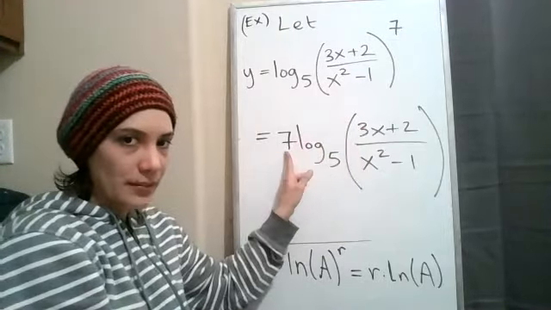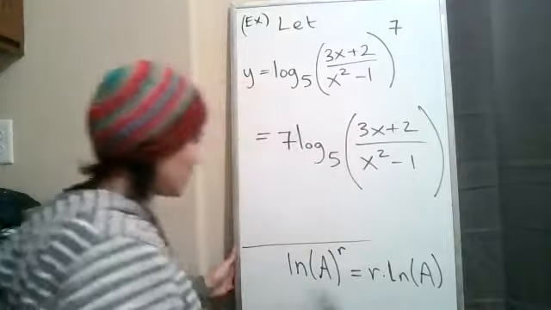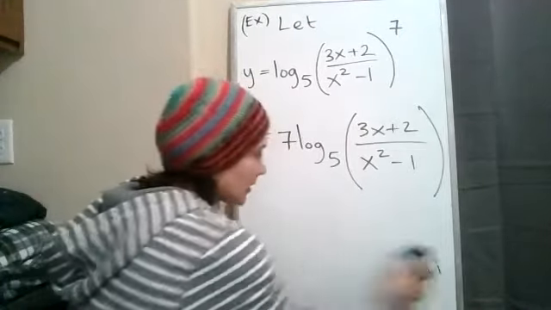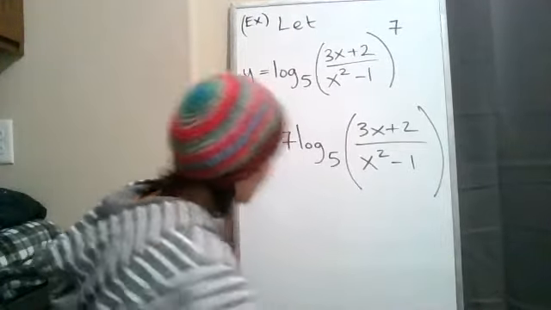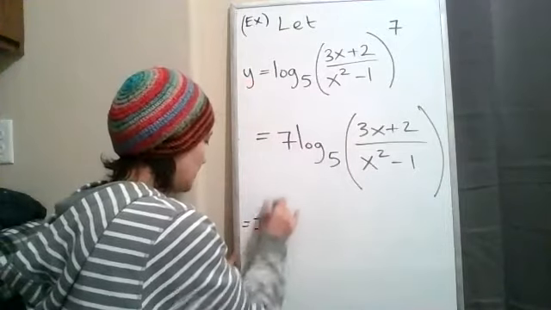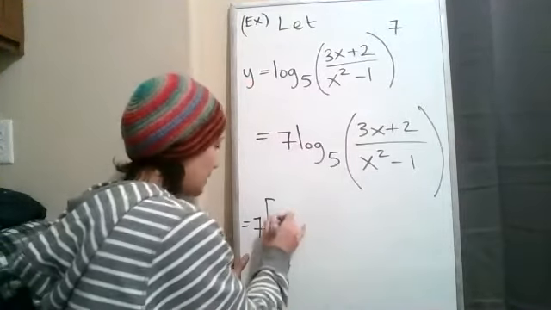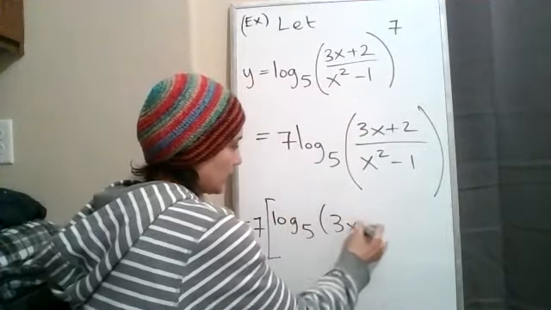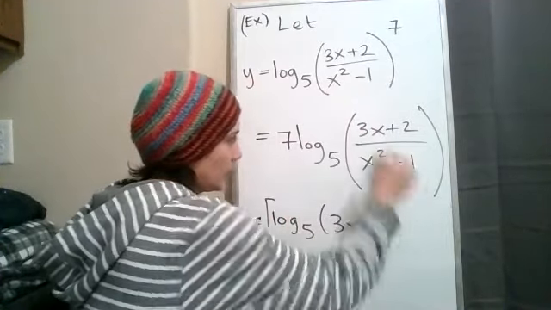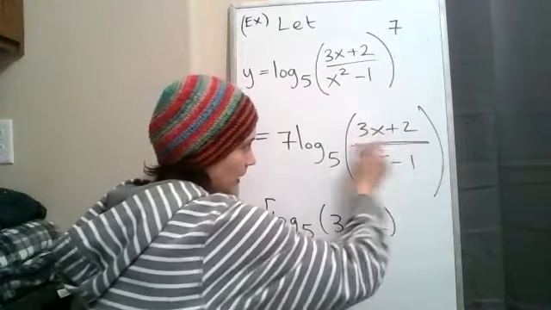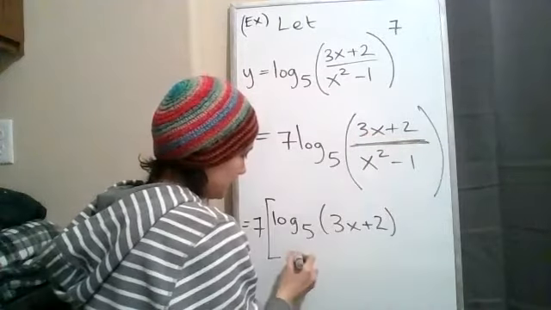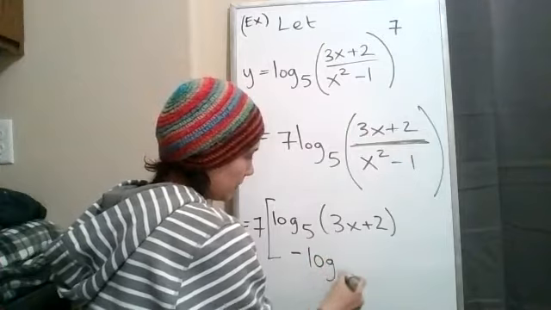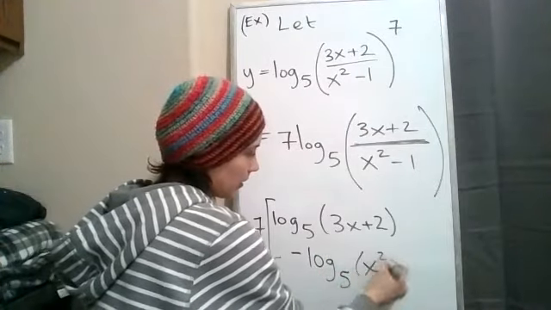Everything's multiplied by 7. Cool. 7 multiplied by log base 5 of 3x plus 2, and from here, subtract log base 5 of x squared minus 1.